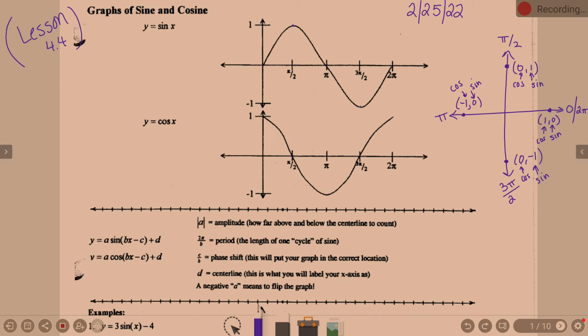If you want to relate back to what we did in algebra last year, it is your vertical shrink and stretch. So a traditional sine and cosine graph goes up to 1 and down to -1. If there's a stretch or shrink, it might go farther, it might go less. But that will be your a value, your amplitude.